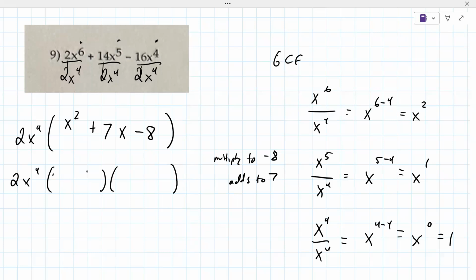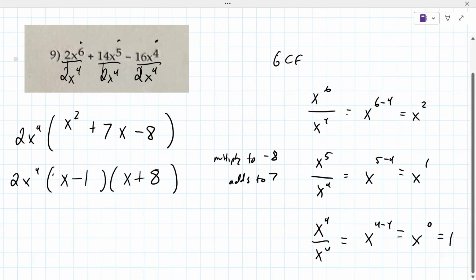It's not impossible. -1 times 8. Okay, that does work. So this becomes x minus 1, x plus 8. Is that okay? Yeah. All right.